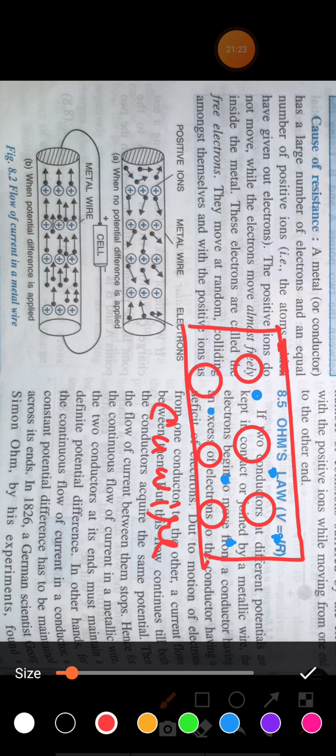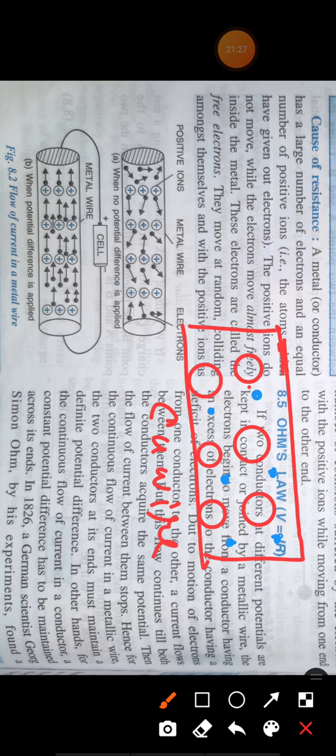And these atoms actually become positive. Why are they positive? Because they leave one electron, so that's why electrons become free. Initially they were part of an atom, so when these atoms lost one electron, they became positive.